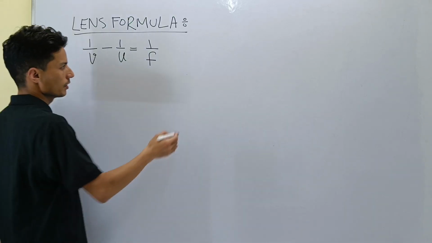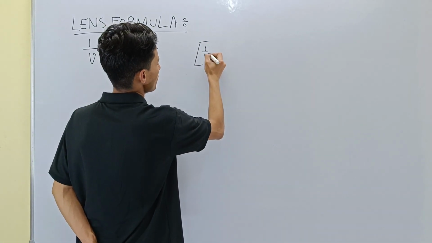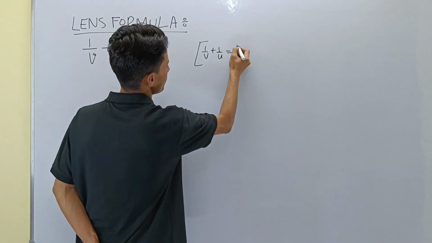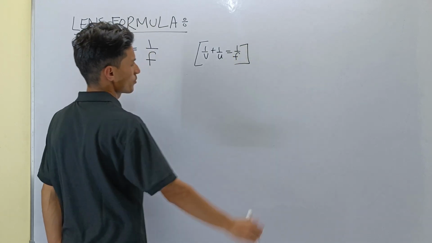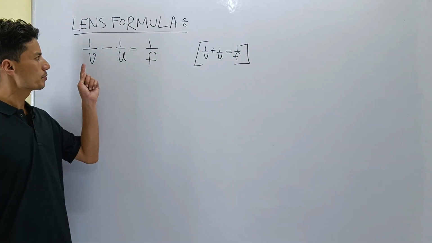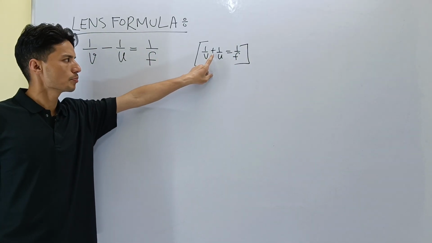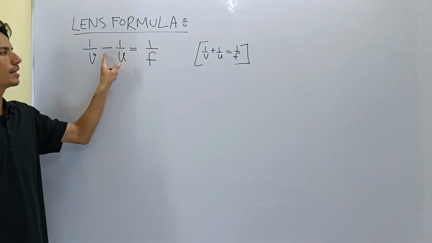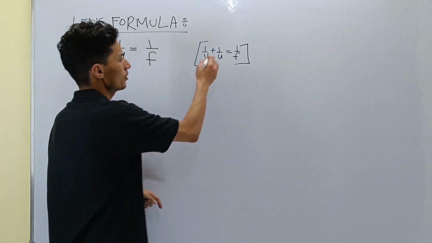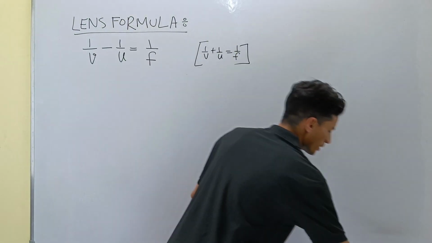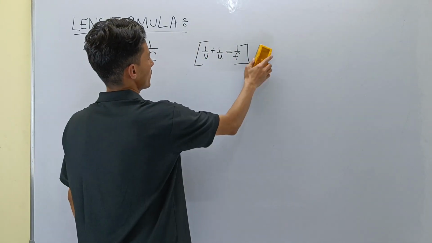The mirror formula was 1 by V plus 1 by U is equal to 1 by F. So you see the difference? The positive has become negative in the lens formula.